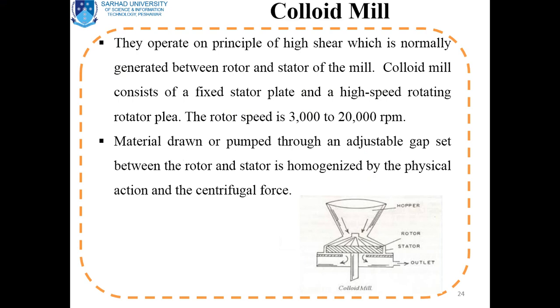In the colloid mill diagram below, you can see a hopper, which is for introducing the feed, and the rotor and stator. The stator is in static condition, while the rotor will be rotated at high speed, and the speed of the rotor is 3000 to 20,000 rpm. That is the high speed of rotation of the rotor.